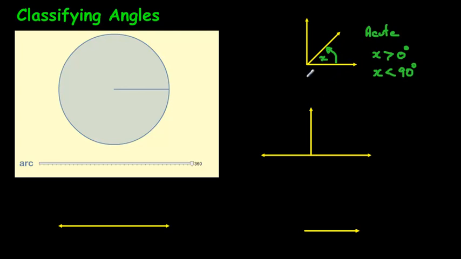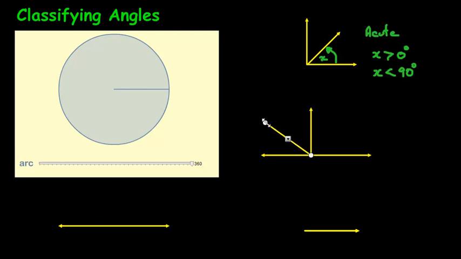The next type of angle we get is one that goes beyond 90 degrees. So we've got our 90-degree angle there, but if I go beyond 90 degrees and down as far as 180 degrees, I end up with what we call an obtuse angle.